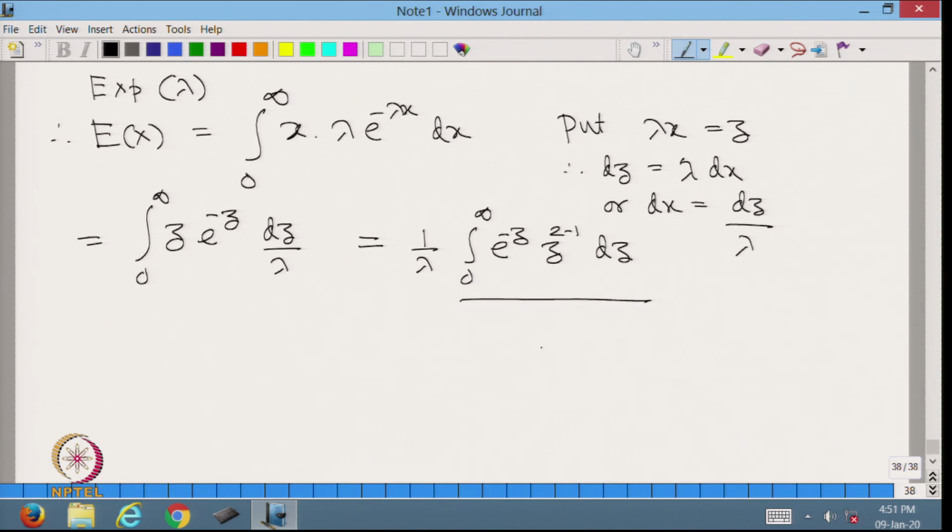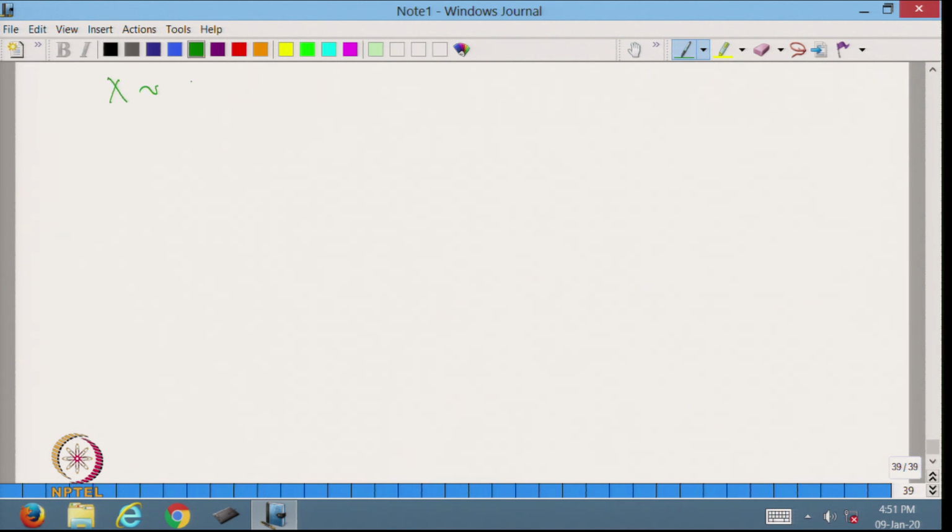Therefore, this is coming out to be gamma 2, which we have observed is equal to 1 factorial. Therefore, expected value of x is 1 upon lambda multiplied by 1, which is equal to 1 upon lambda.